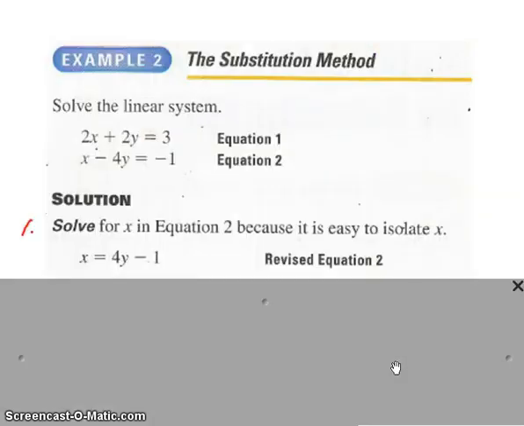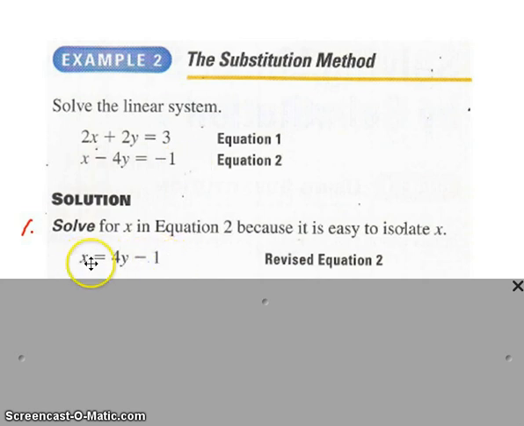The textbook gives another example. I'll walk you more quickly through example 2 before finishing up the lesson, just to make sure everybody's clear on this. Remember, there are 4 steps. The first step, solve for one of the letters, one of the variables. I've got 4 to choose from, 1, 2, 3, and 4. This time the textbook decided that was the easiest one to work for, so it moved the 4y over.